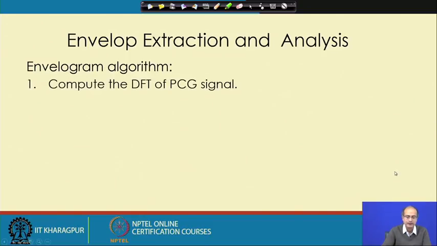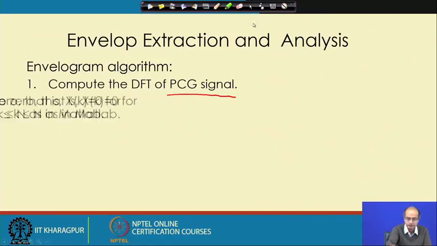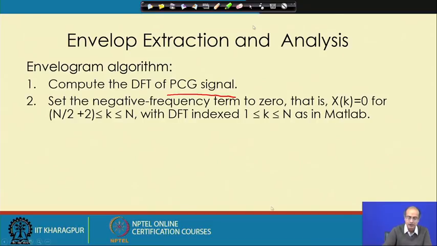The first step is we compute the discrete Fourier transform of the PCG signal, because the PCG signal is our signal of interest. It can be any signal for which we want to calculate the envelope. For the negative frequency part, we need to force them to 0.